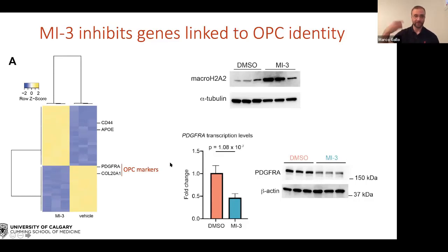So it feeds back onto this OPC type of network. We validated the downregulation by MI3 at the transcriptional level, especially for PDGFRA, and at the protein level. So MI3 increases macroH2A2 levels and decreases the OPC stem-like transcriptional network. It's all very consistent.